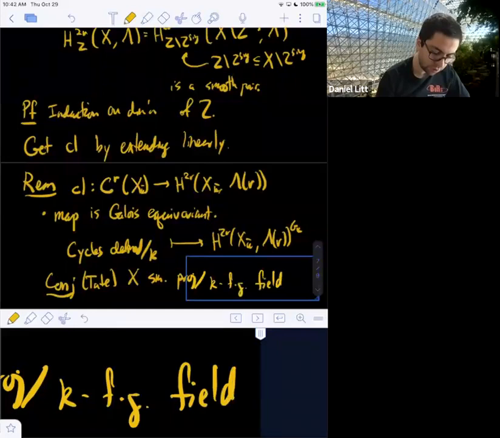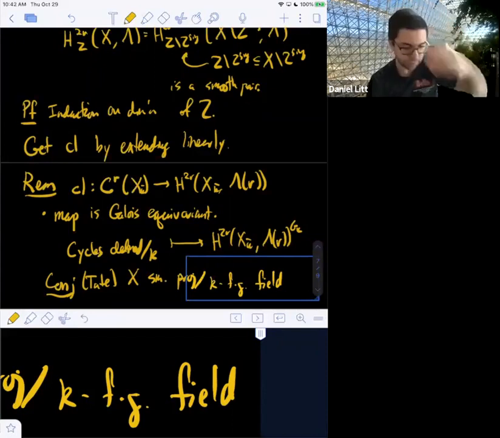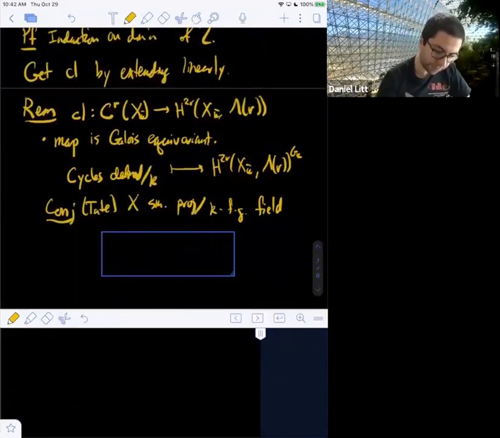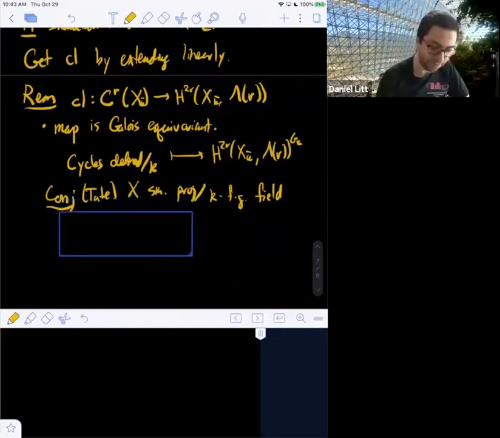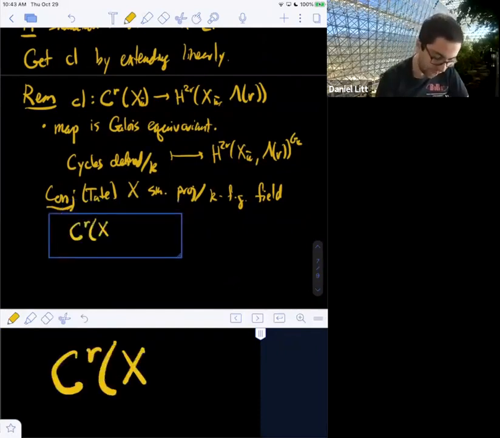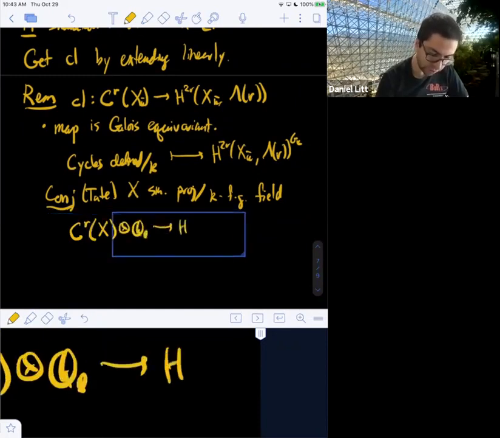Finitely generated field just means you take the fraction field of a variety over F_q. So for example, you could take a number field or F_q. In this situation, R cycles on X tensored with Q_l map to H2R.